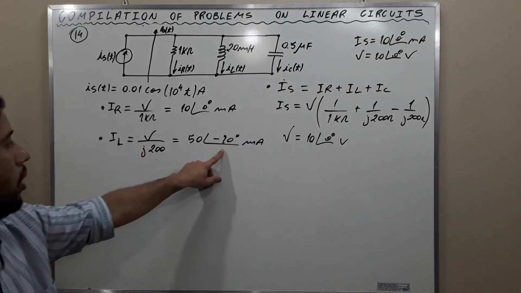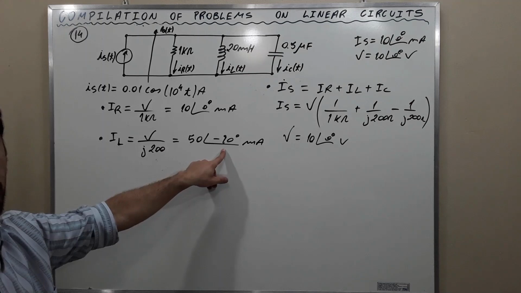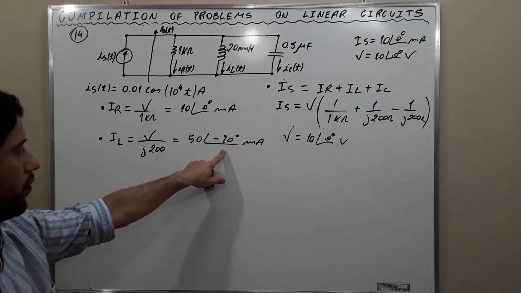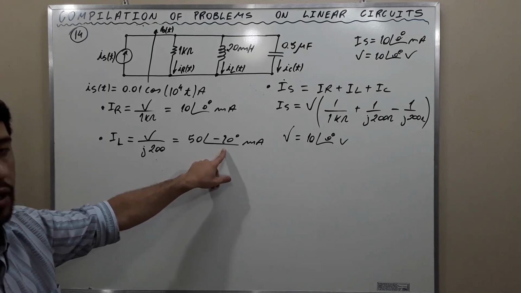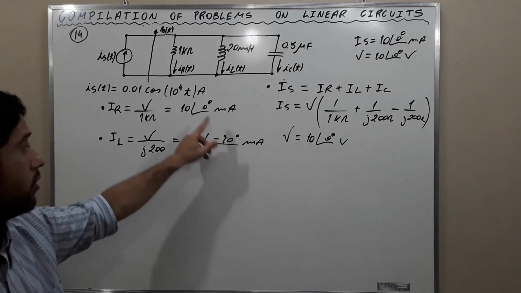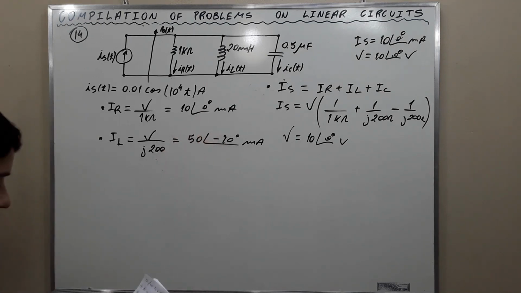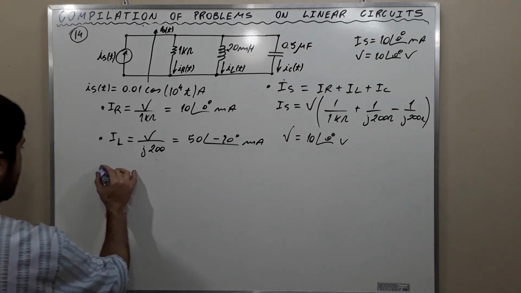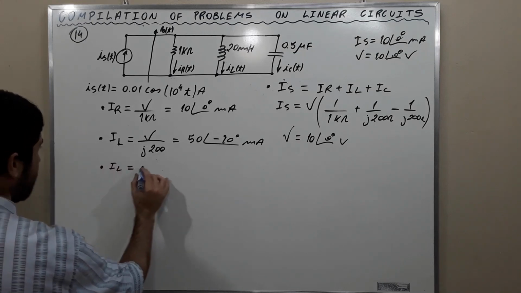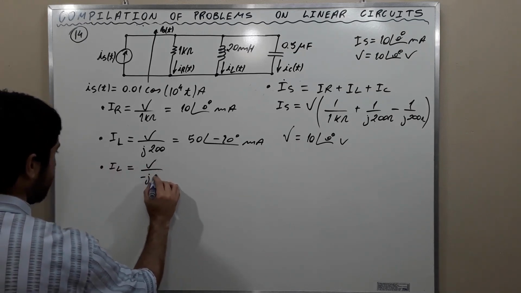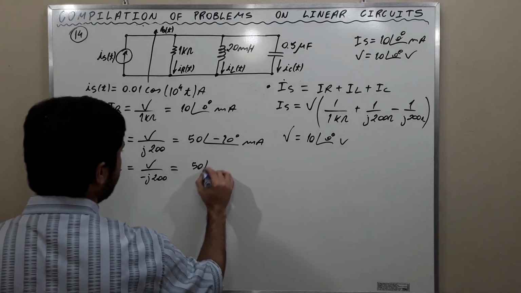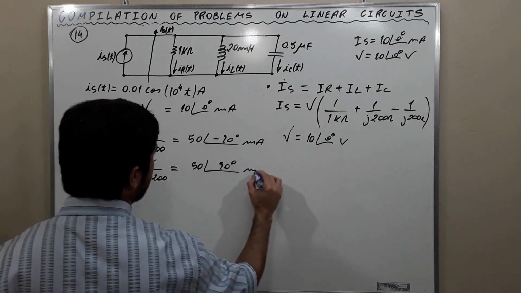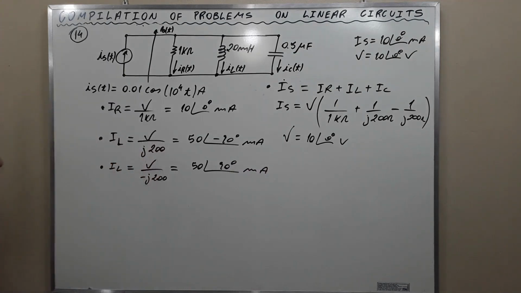Observe that there is a shift of 90 degrees between the current of the inductor and the current of the resistor. And IC is V divided by negative J200, and this is 50 phase 90 degrees milliamps.